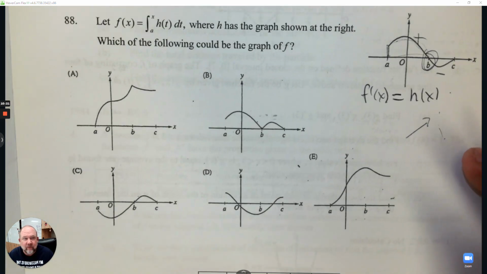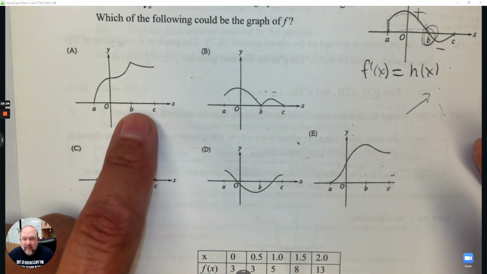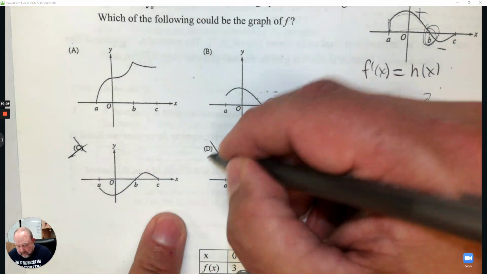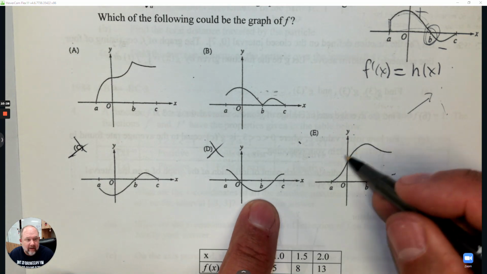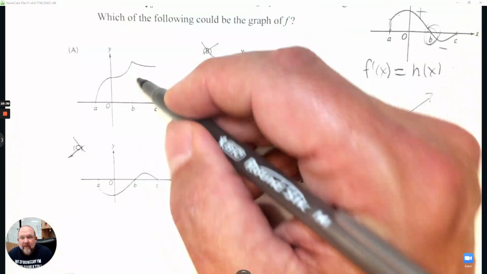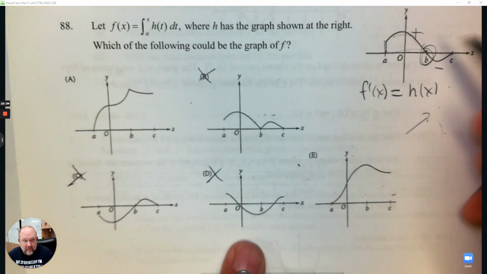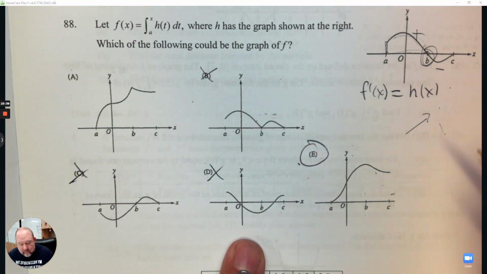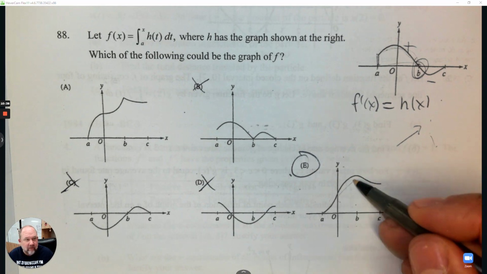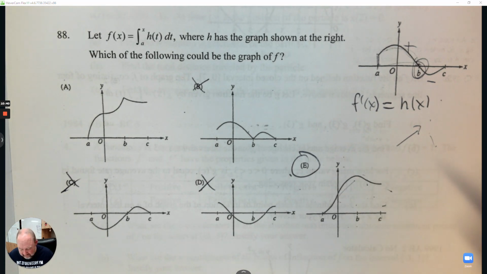So I'm looking for a turning point at b. So these don't have turning points. This has a lower one. I need an upper turning point. No. Here, the derivative doesn't exist, but that's not true with this graph. The derivative exists there. So the only one that could match it in terms of increasing and decreasing is e.